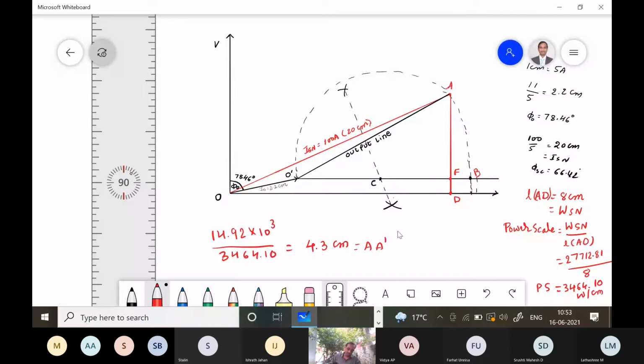A dash means it is the full load output.